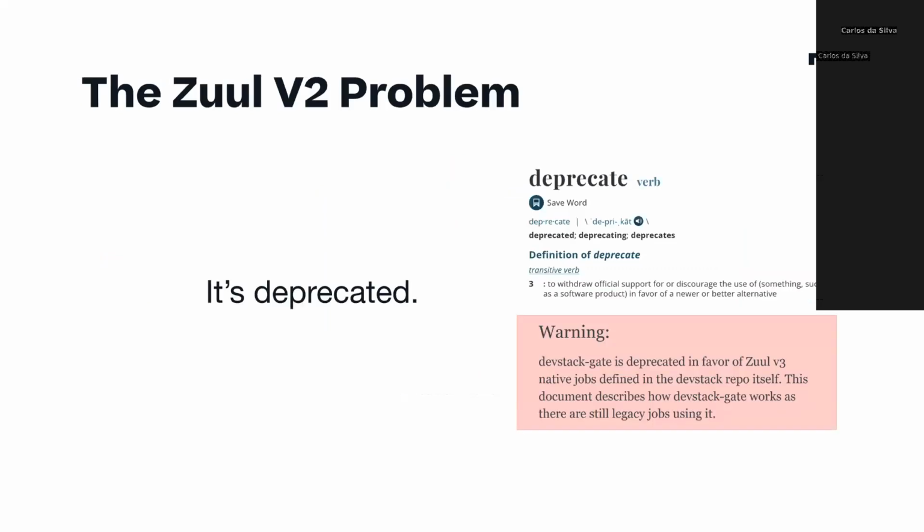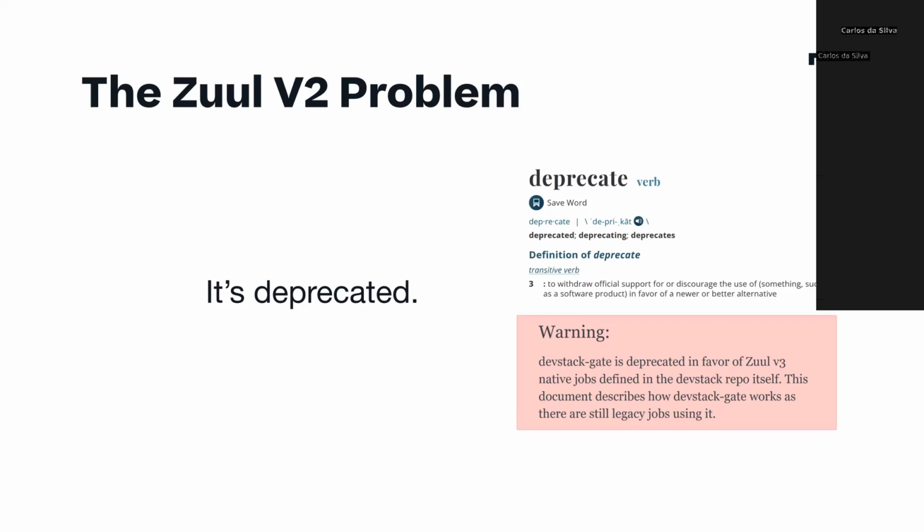We have been using Zuul V2, a software that was developed initially, at least, specifically for testing OpenStack projects, because sometimes patches are very dependent on each other in OpenStack. You can have a patch on Neutron that maybe depends on a patch on Nova or something like this.